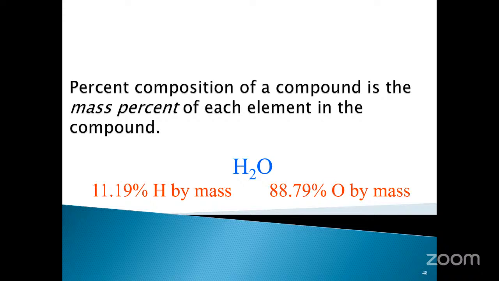So for example, in the case of water, we know that the percentage of hydrogen in water is 11.19%, and the percentage of oxygen in water is 88.79%, right? And that is true for every sample of water.